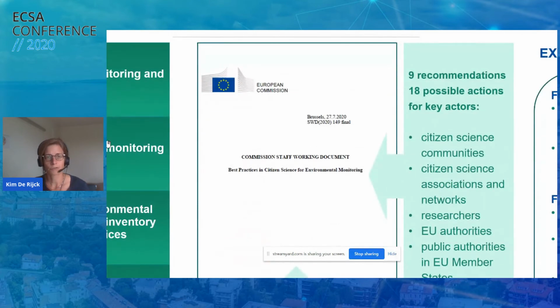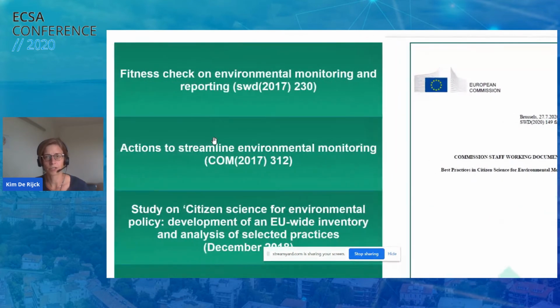There is a bit of policy context and history, which I'm showing here on the left. In 2017, a fitness check, which is a kind of evaluation, showed that on environmental monitoring there is an opportunity and a need to use additional information, other sources than the purely official monitoring sources, to expand the knowledge for environmental monitoring.